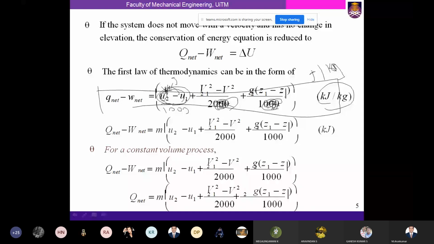I think in the last class someone asked these questions, so I think it is clear now. It is just a unit conversion.